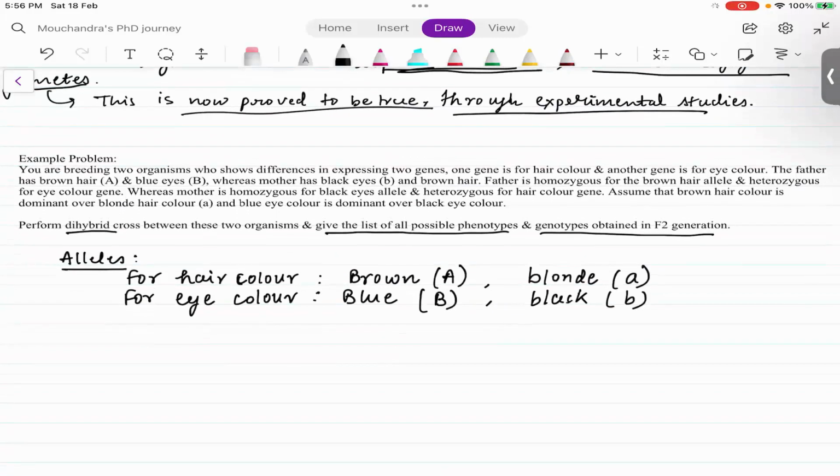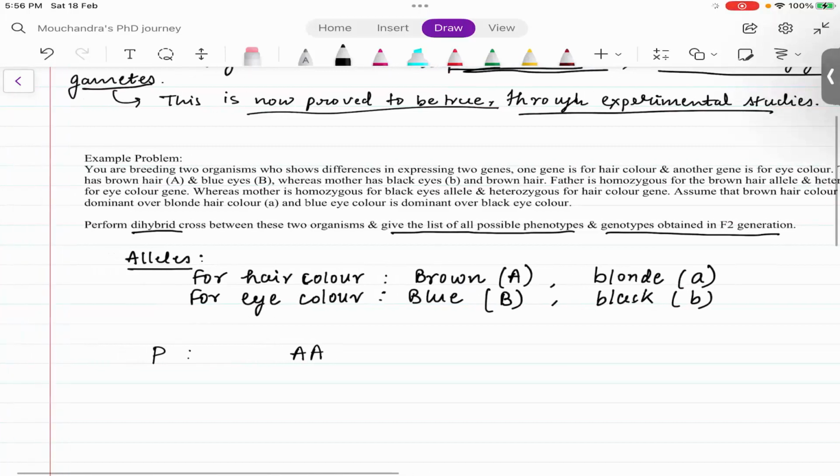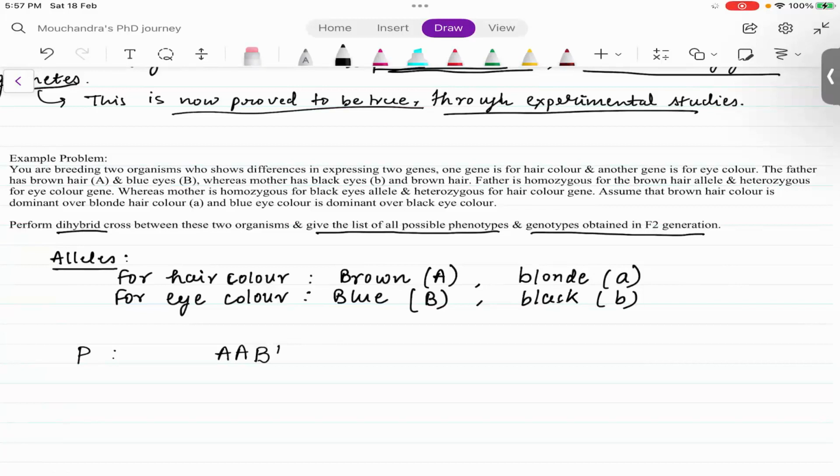Now, what are the genotypes of the parents? Father is homozygous for brown hair allele, and heterozygous for eye color allele. This part represents the hair color, and this part represents the eye color. This is the father. Now what about the mother?